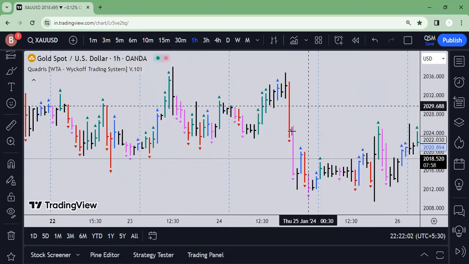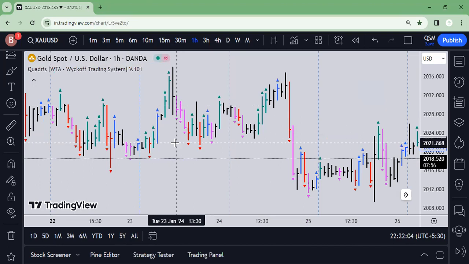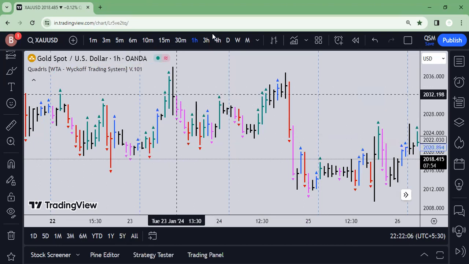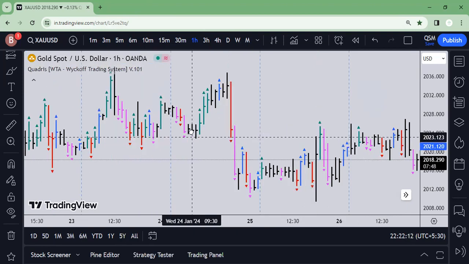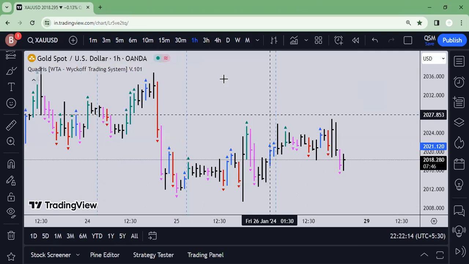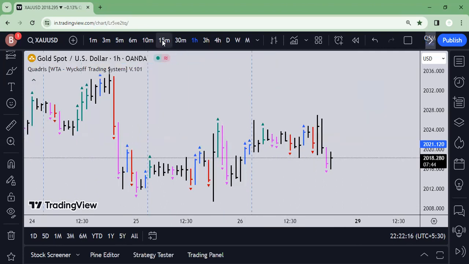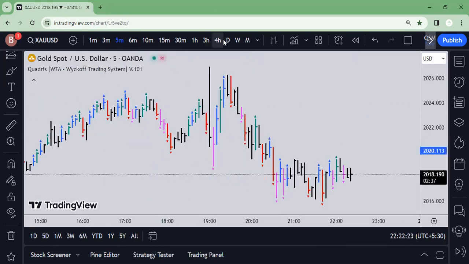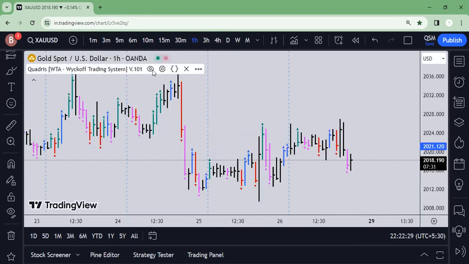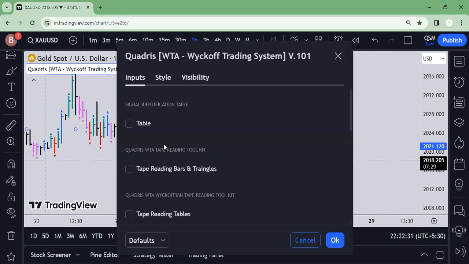So this shows you which side has the greater power to move, whether we are in the accumulation or distribution phase, and what sort of price action we should expect out of it. It works very well on any time frame. Either you play around with 5 minutes, or 1 hour, 3 hours, 4 hours. It doesn't make any difference.